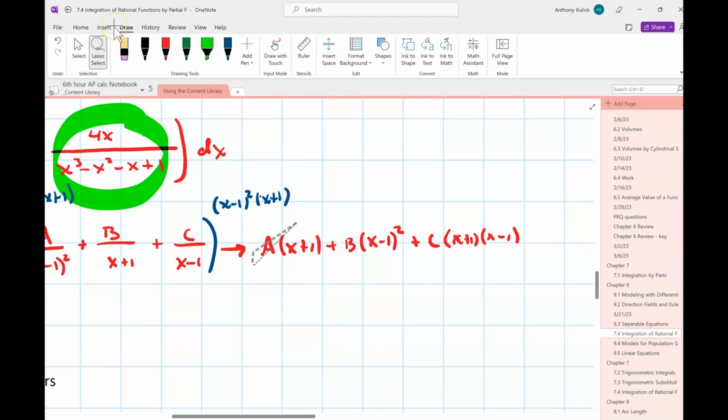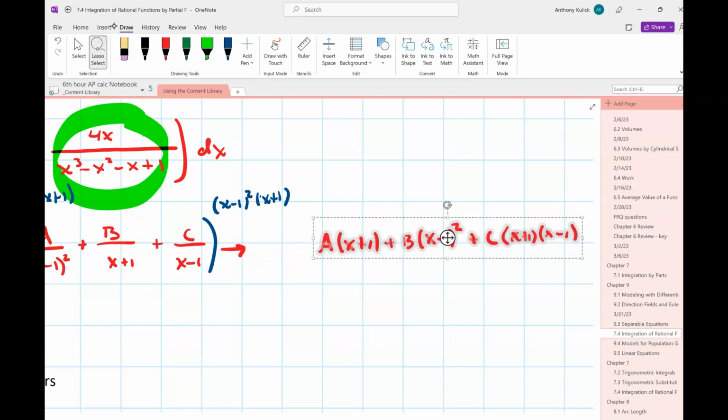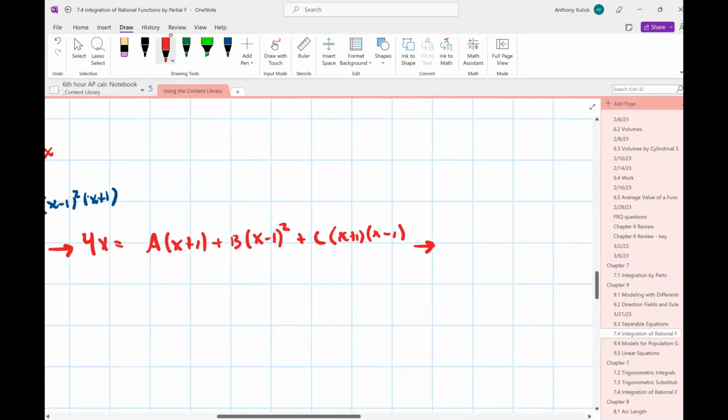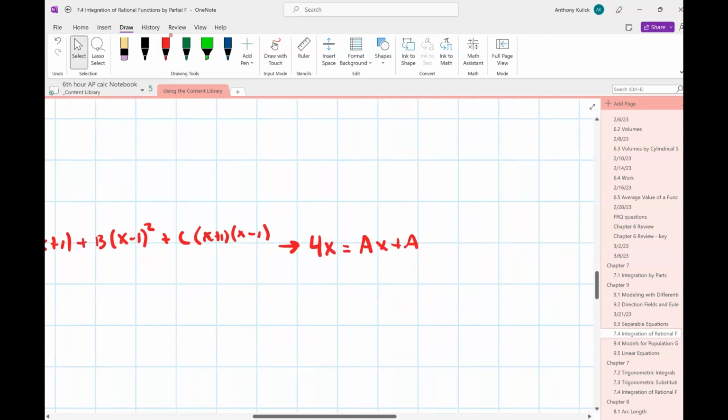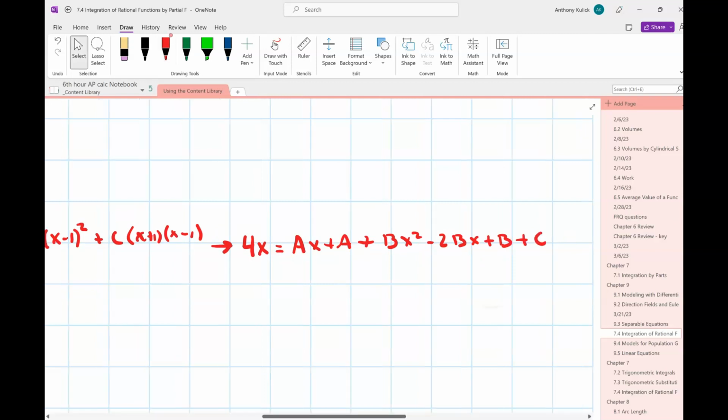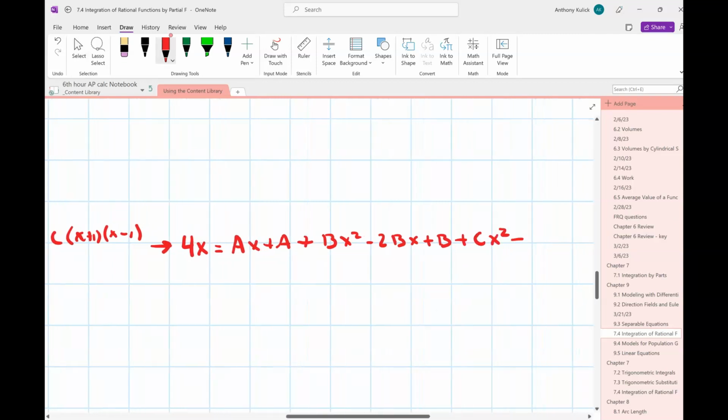And all that was still equal to 4x. So that's going to give me Ax plus A plus Bx squared minus 2Bx plus B plus Cx squared minus C.